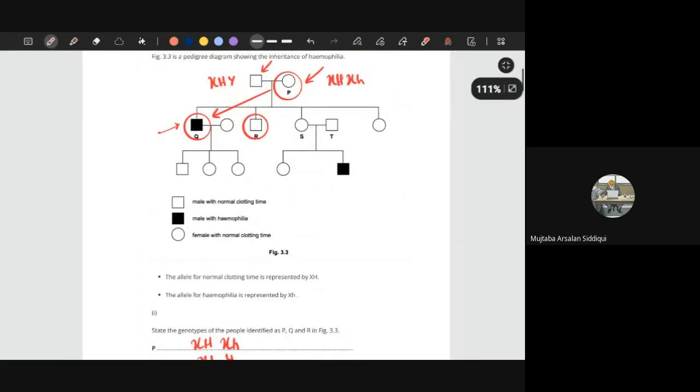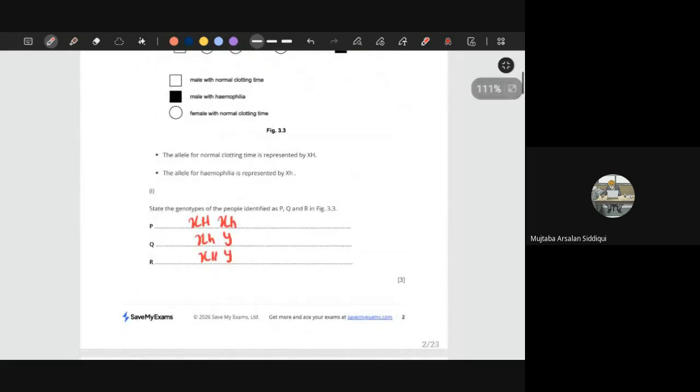Okay. So the mother is what? A carrier. The male is, no, he's not a carrier. He is affected, and the other one is unaffected.